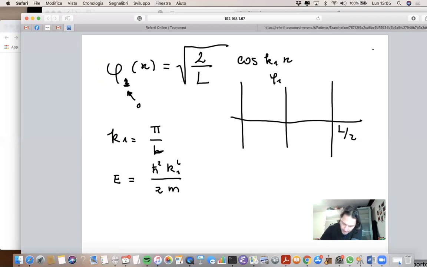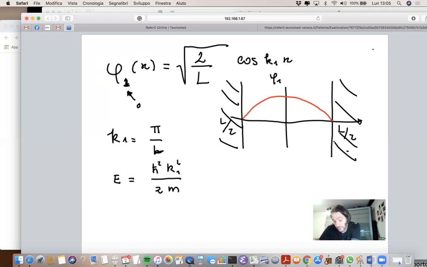So as you can see, if you plot this as a function of x, you get a normal cosine. Now, if you want the probability out of this, of course, you have to take the square. The point here is that there is an intrinsic uncertainty, referring to the fact that a particle can be found anywhere.